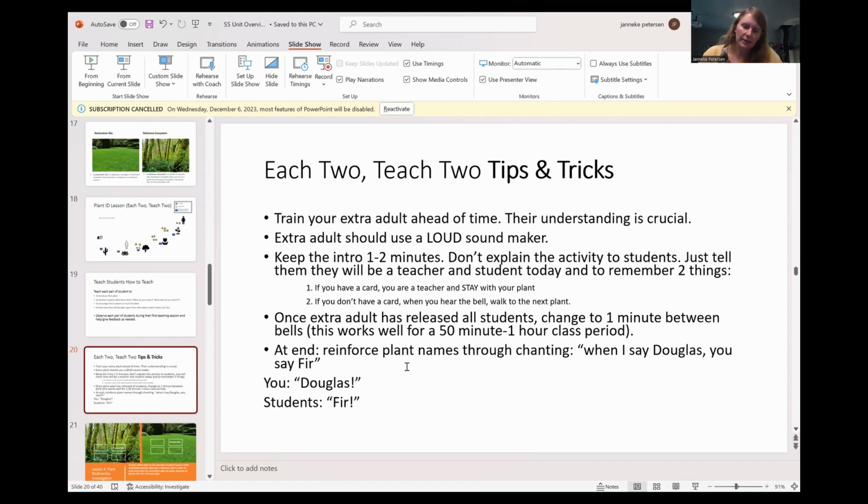Then the teacher says Douglas, and the students say fir. Or as teacher, you could say, when I say big leaf, you say maple. You say big leaf, and the students say maple. And it's a really fun chant that does a great job reinforcing these plant names.